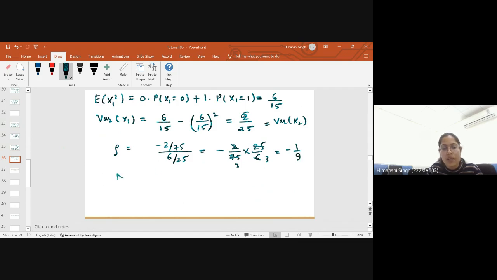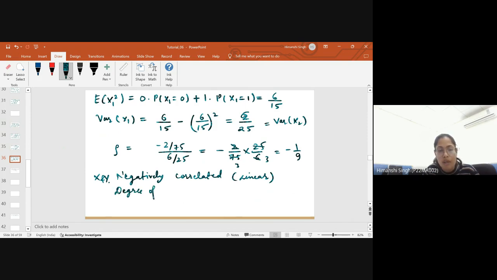So we are having negatively correlated, and the relation is linear. So x and y are negatively correlated and linear, and the degree of correlation, since this quantity is near about zero, is weak.